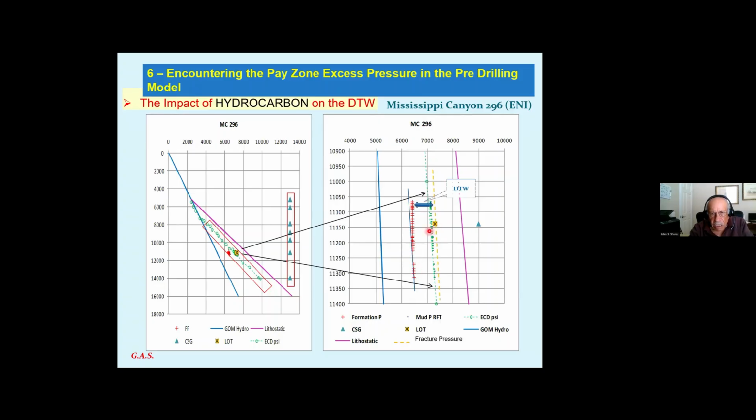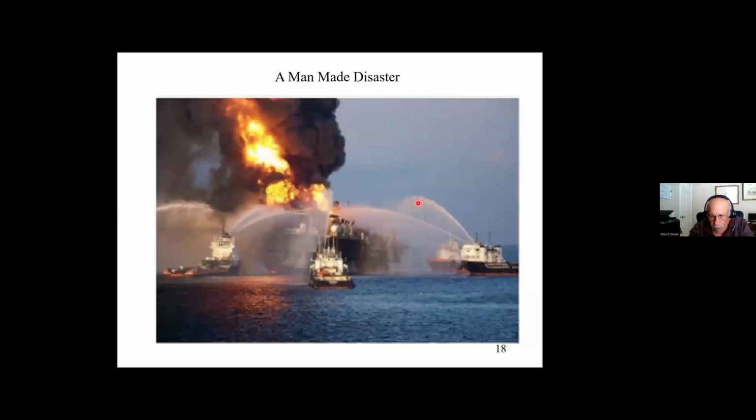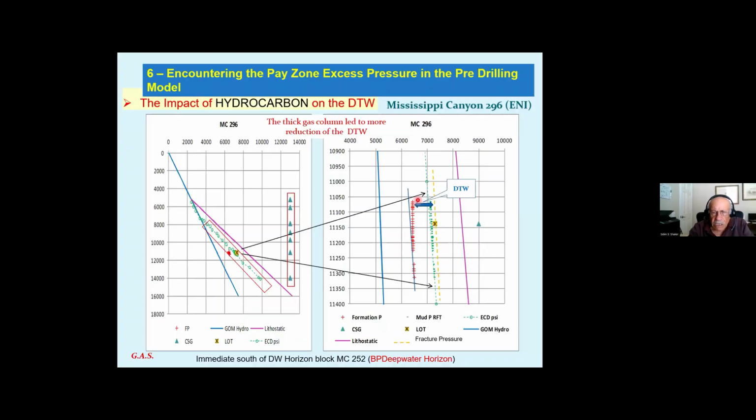It is your frac pressure. That hydrocarbon makes the drilling tolerance window shorter and smaller. That makes your mud weight not capable of holding the pressure. And this is exactly what happened.